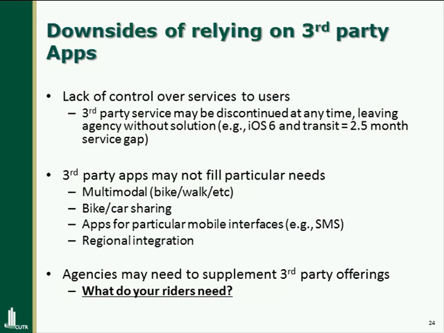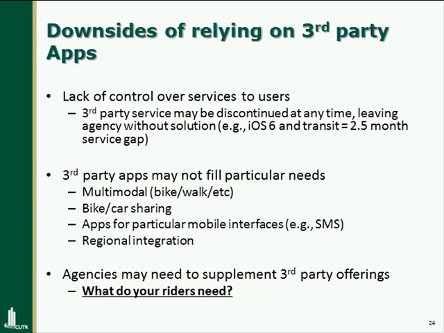A good example is iOS 6 in transit, where iPhone users for some major transit systems in the United States really had no transit trip planner available in their default map application for about 2.5 months. For a lot of agencies, relying completely on third-party apps leaves you open to some vulnerabilities, and you can't reliably provide service via all the different dissemination channels that are out there.